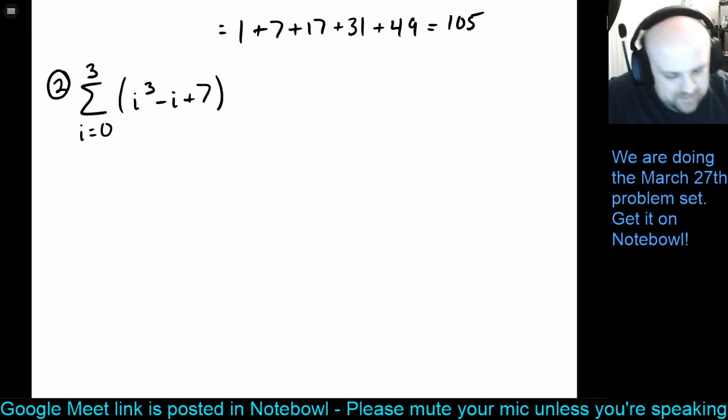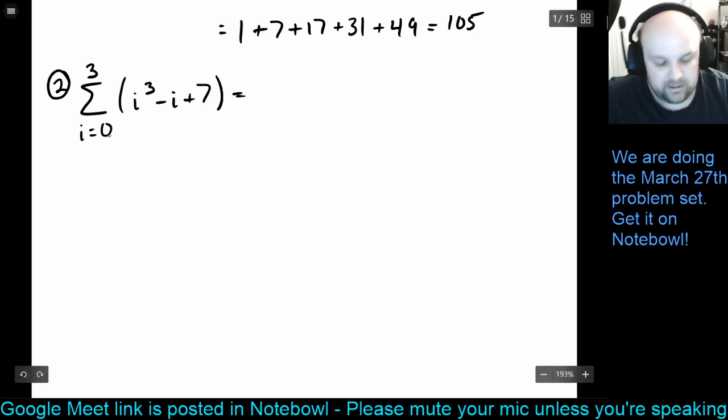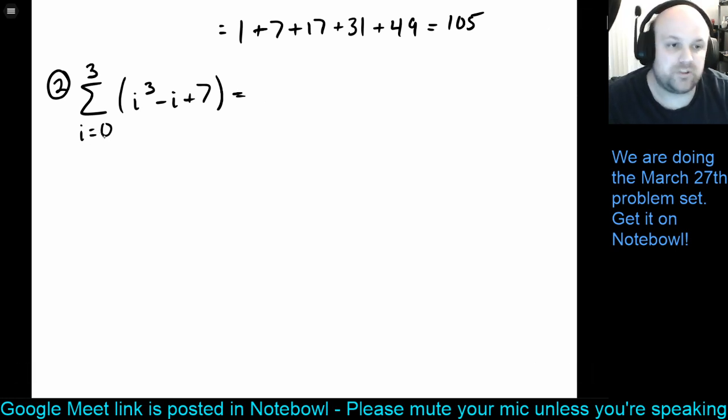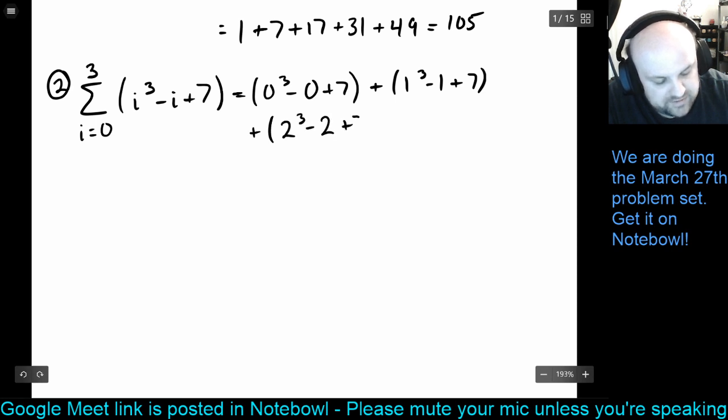Let's see how you guys did. So again, here we're going to start at the bottom number, which in this case is 0. We start there and then we just plug these in. So plug in 0, and we have 0 cubed minus 0 plus 7. Next number is 1: 1 cubed minus 1 plus 7. Next number is 2: 2 cubed minus 2 plus 7.